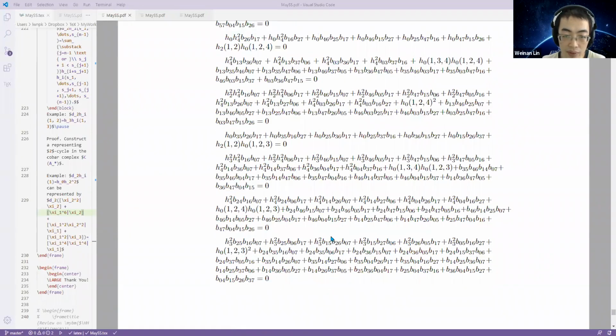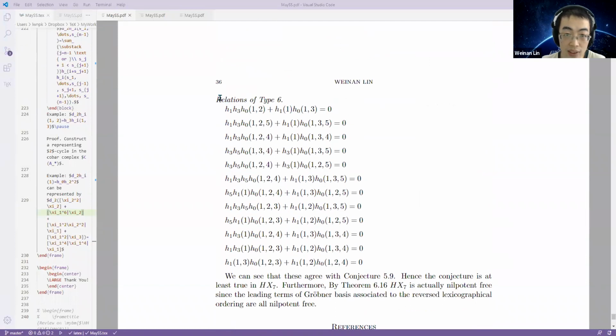These are very long, and they are the last kind of relations, and actually the hardest to prove. I haven't found a universal chain to prove these relations yet, but at least I know they are true. There are only finitely many of them with computers.